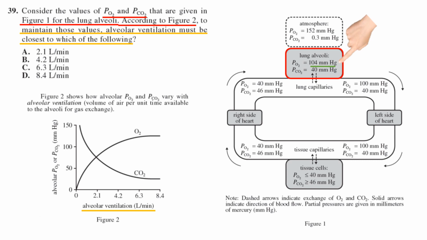So the O2 in the lung alveola in figure 1 is 104. So we're going to move that over to figure 2 now. And that puts it about that spot on O2, which looks like it's going to be about 4.2. Let's double check. CO2 is 40, which puts us close to the same spot. So it needs to maintain about a 4.2, right? That 4.2 is between both of them. So the answer has to be B.